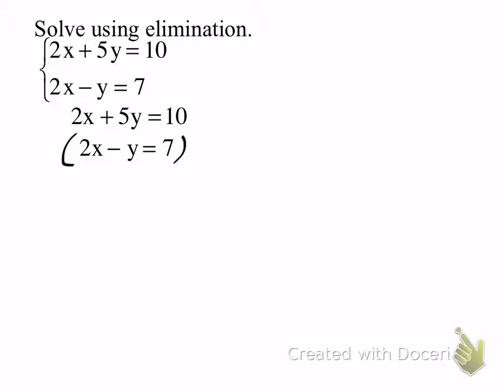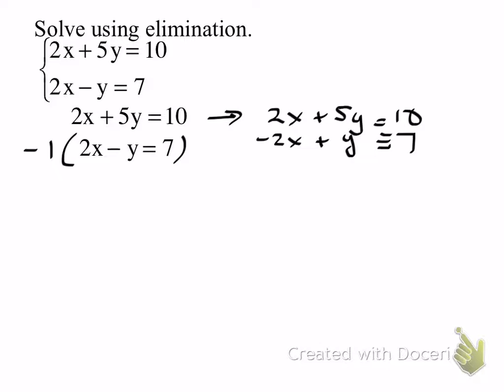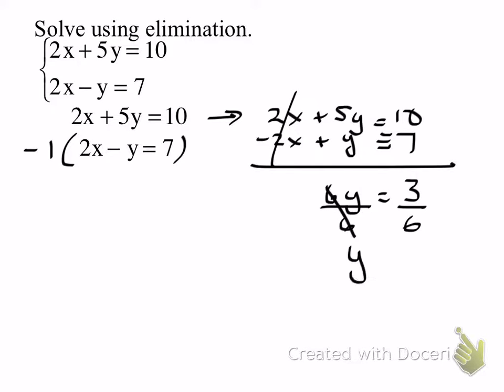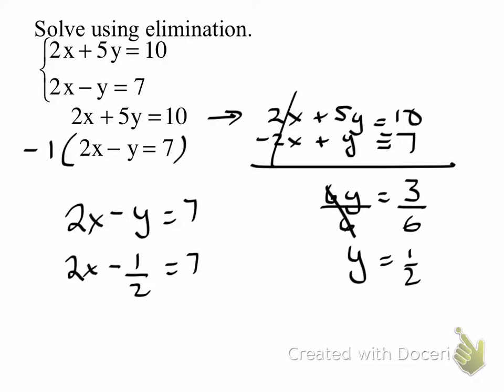They went by negative 1, and so this is 2x plus 5y equals 10, and this becomes negative 2x plus y equals negative 7, and we get 6y equals 3, divide by 6, and y equals 1/2, then substitute in 2 times x minus 1/2 equals 7.